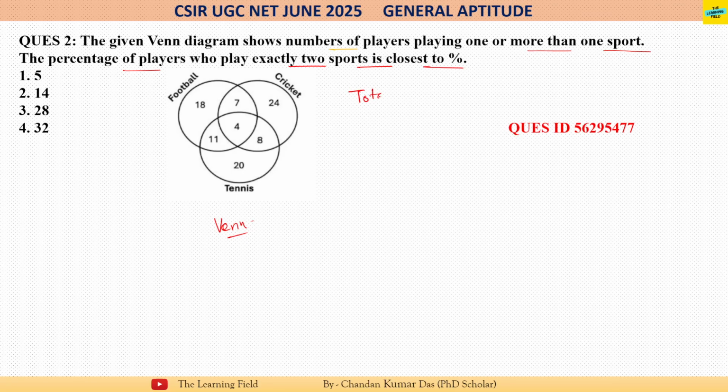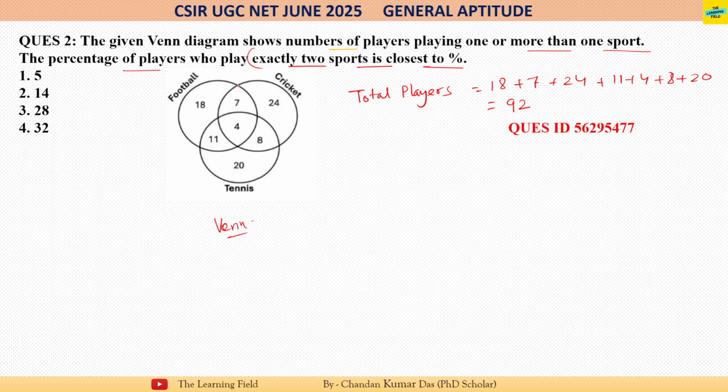First we find the total number of players. Total players equal to 18 plus 7 plus 24 plus 11 plus 4 plus 8 plus 20, which is equal to 92. In the question it says exactly two sports.